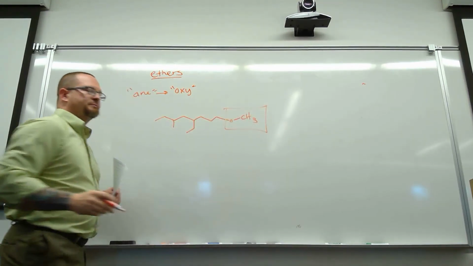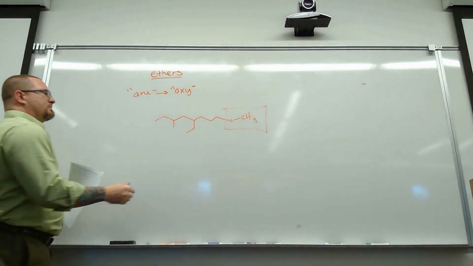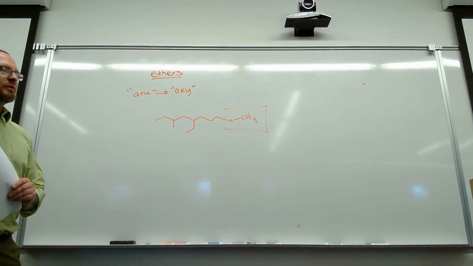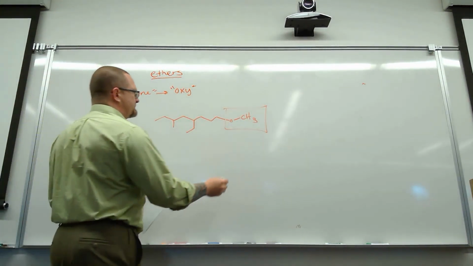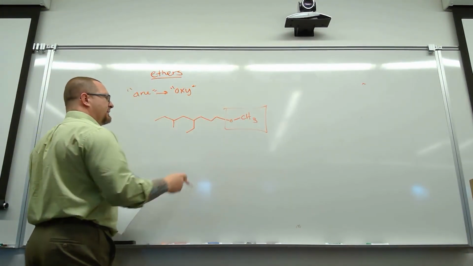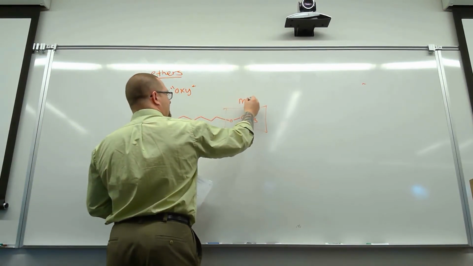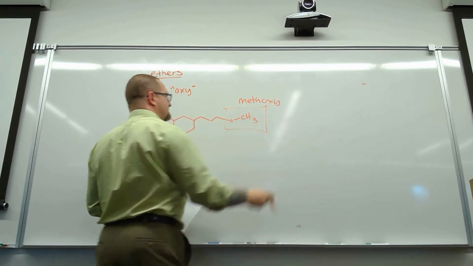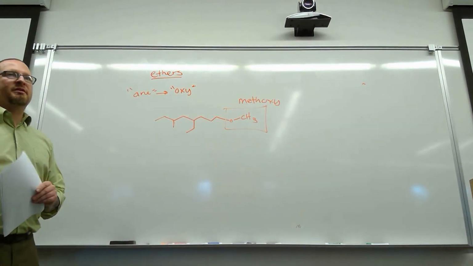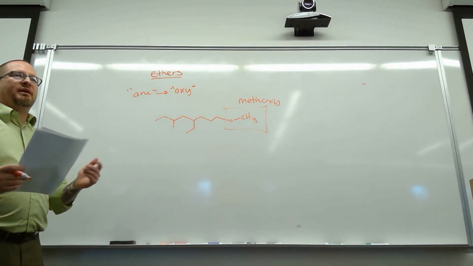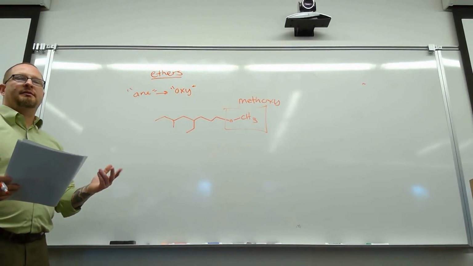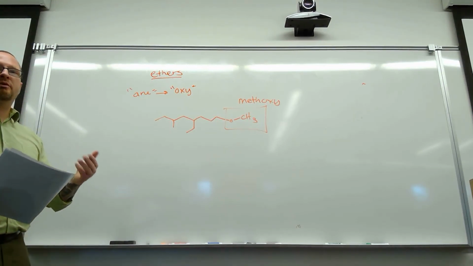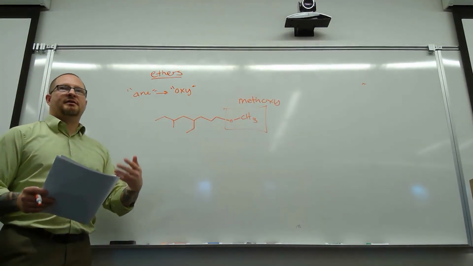We now have an ether, and we're not going to common name this because we have this large structure over to the left. Instead of methane, it's methoxy. So this would be a methoxy group. You can do this with any alkane: methoxy, ethoxy for 2, propoxy, butoxy, pentoxy, etc.